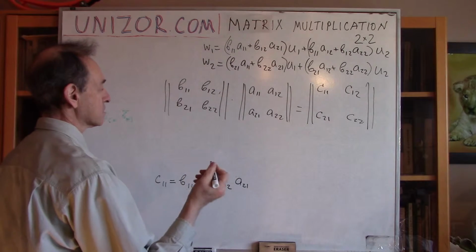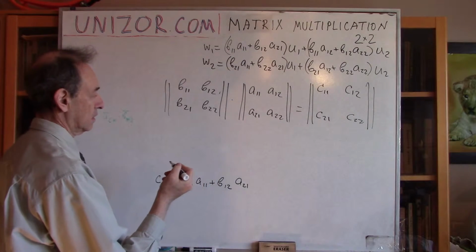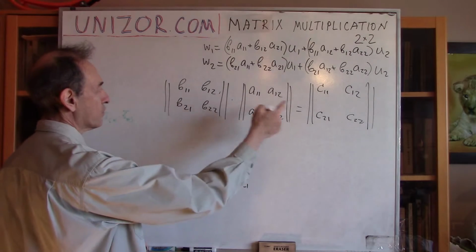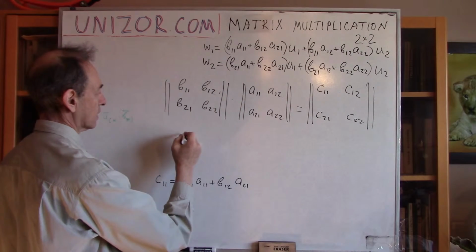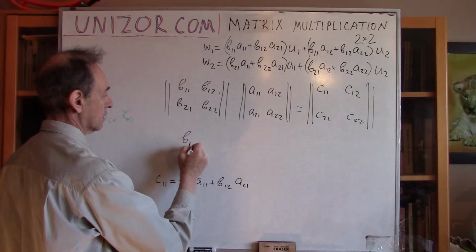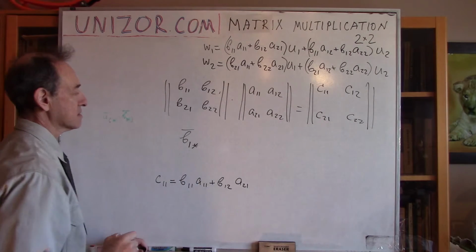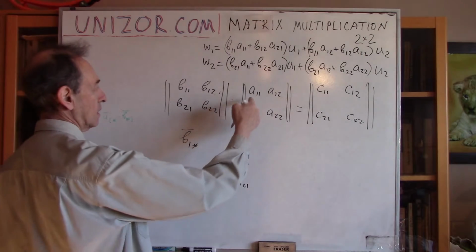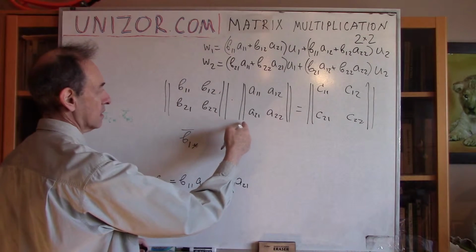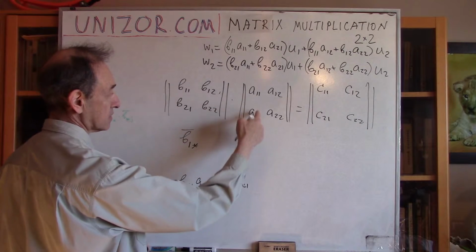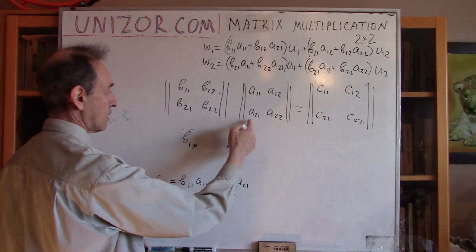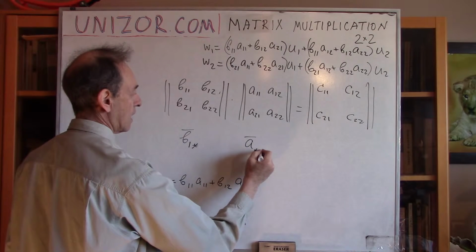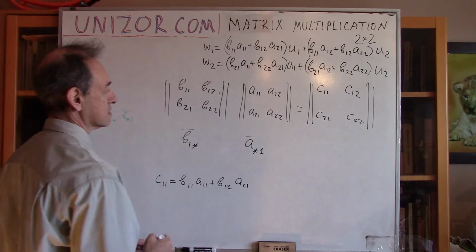Now, I will use the following notation for the row vector, let's say the first row vector b, I will use b1 and then I'll put an asterisk, and this is a vector, which means b11, b12. And the column vectors, where the second index, actually the column index is the same but the first one is changing, I will use this notation, star 1 in this case.